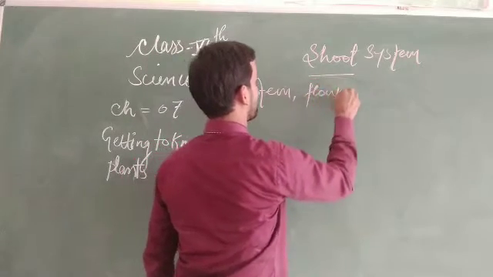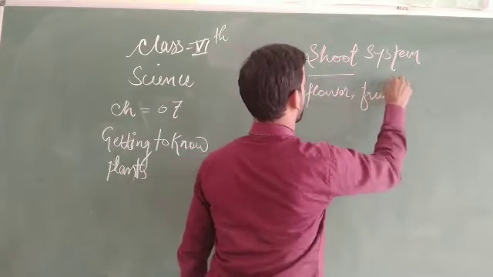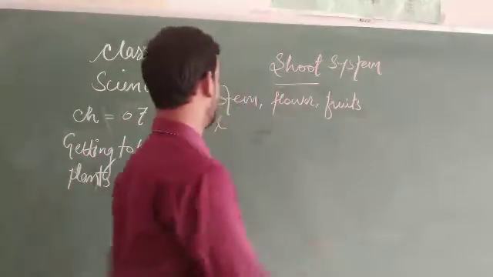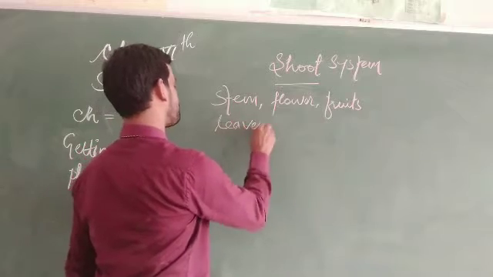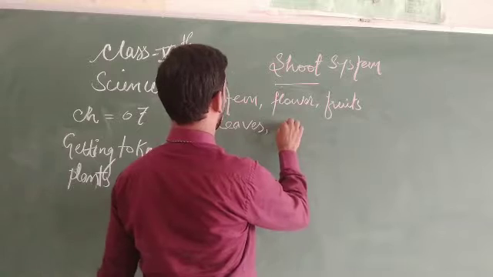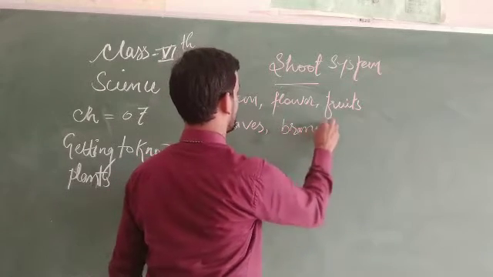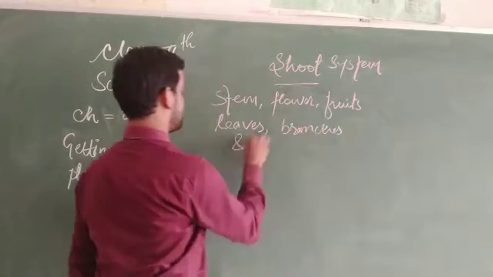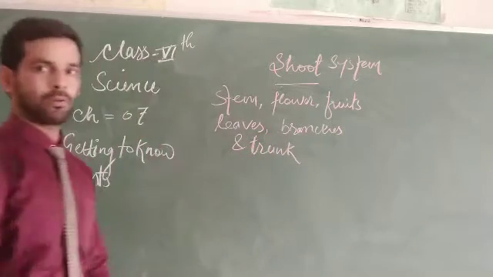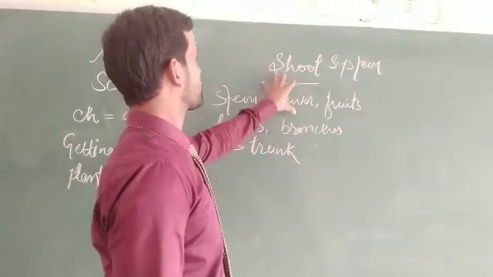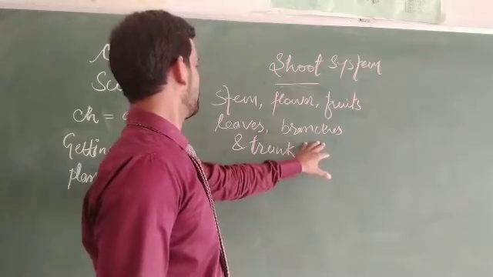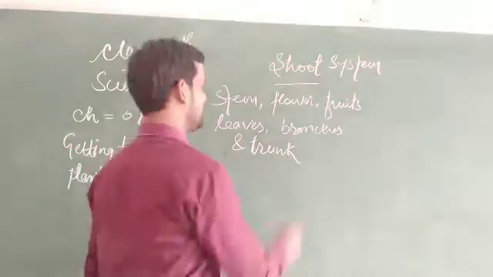The shoot system consists of the stem, flower, fruits, leaves, branches, and trunk, as well as the seed.